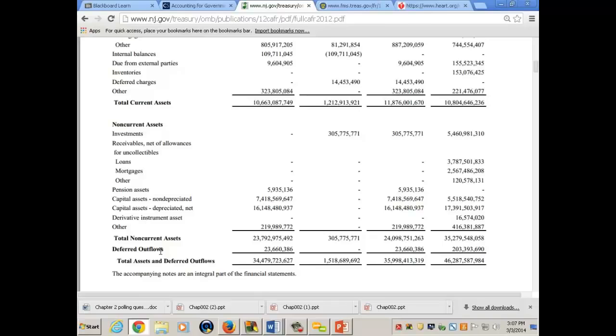And does everybody know what deferred revenues are? What are they? You receive money in advance for a sale that doesn't happen till next year. What happens? You debit cash and credit a deferred revenue account, right? Governments have the same thing, but they don't call it deferred revenue. They call it deferred inflow and deferred outflow.